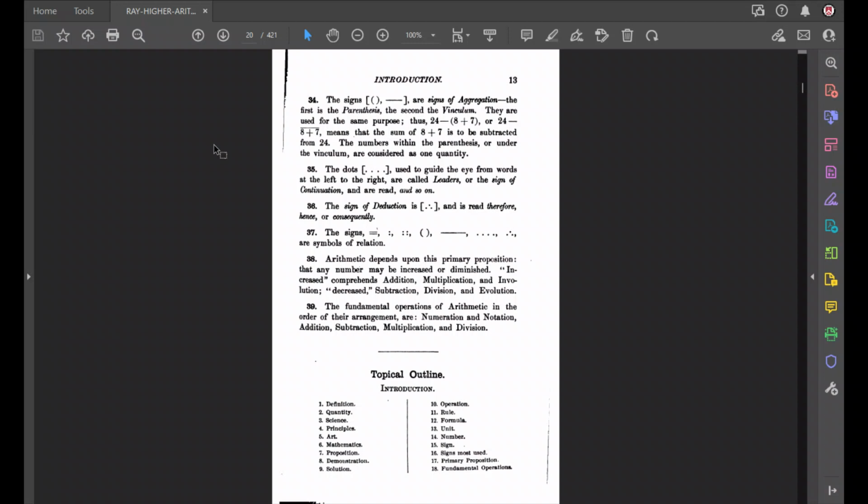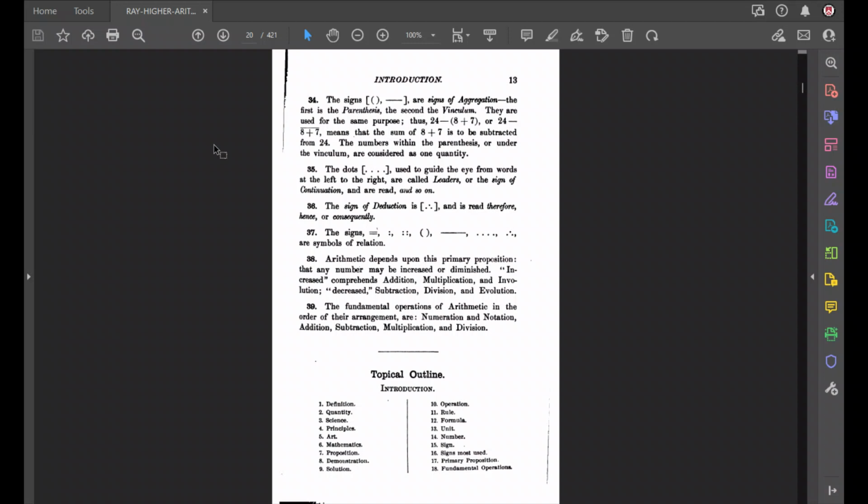Ready? Let's say we're going to ignore the parentheses. Watch what happens. You saw how we did 24 minus 15 equals 9, right? Watch what happens if we ignore the parentheses. What's 24 minus 8? 16. 24 minus 8 is 16 plus 7, 23.